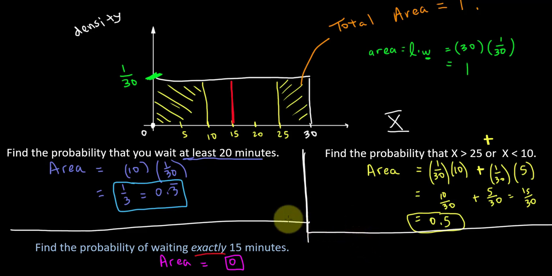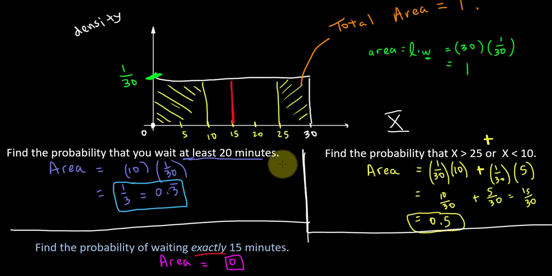And the reason for this is because we're in a continuous world. There are an infinite number of possibilities here. And the probability of observing one out of infinity, it's so minutely small. We don't even write that really. It's so minutely small that we consider that 0.